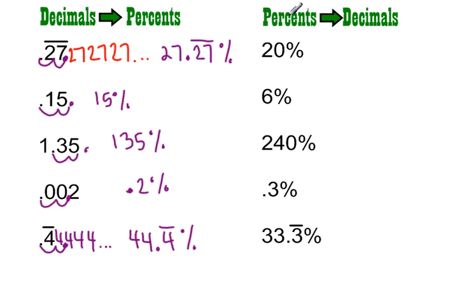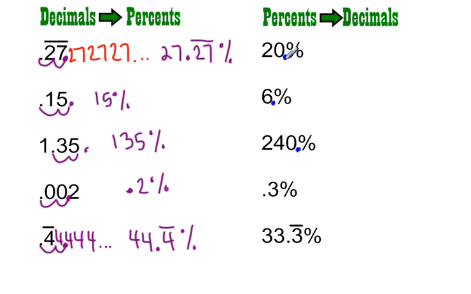So to go the other way, from a percent to a decimal, we move the decimal 2 times in the other direction. So I don't see a decimal in this number, but every number does have a decimal. We just don't write it because we're lazy. But it is at the end of every number, unless it is already written.